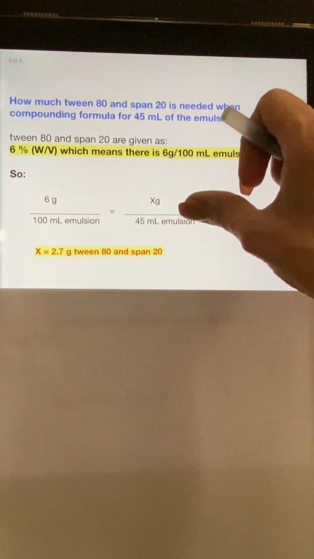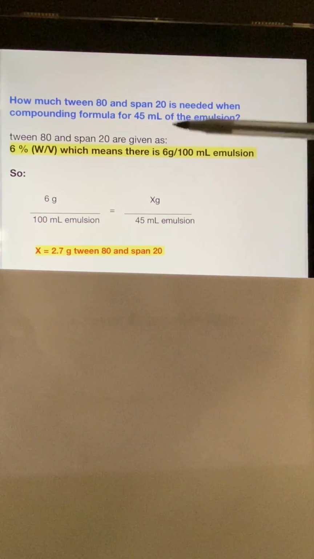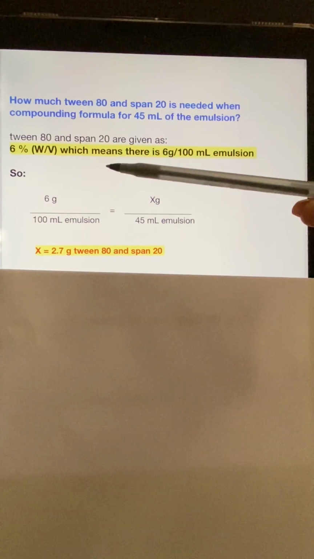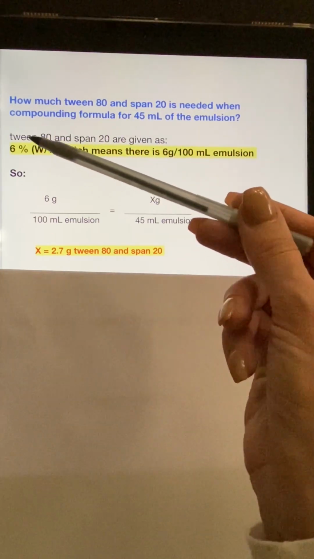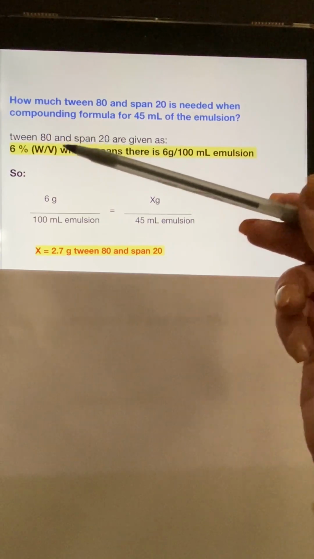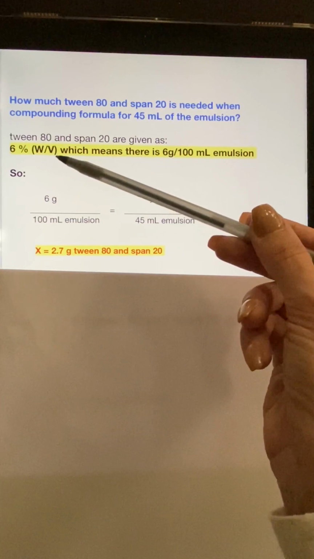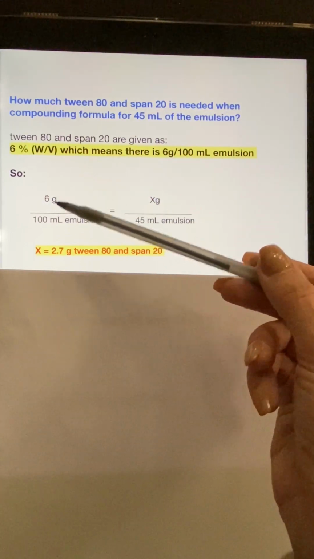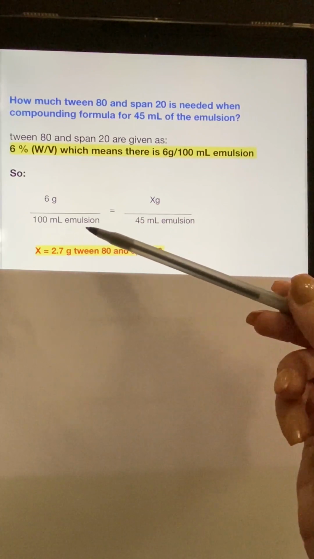The next part of the calculation is to know how much in gram is needed of Tween 80 and Span 20. However, we can't calculate that individual mass for each surfactant yet, because what we have here, 6% weight per volume, is how much in gram of both of these surfactants are needed in every 100 ml emulsion.